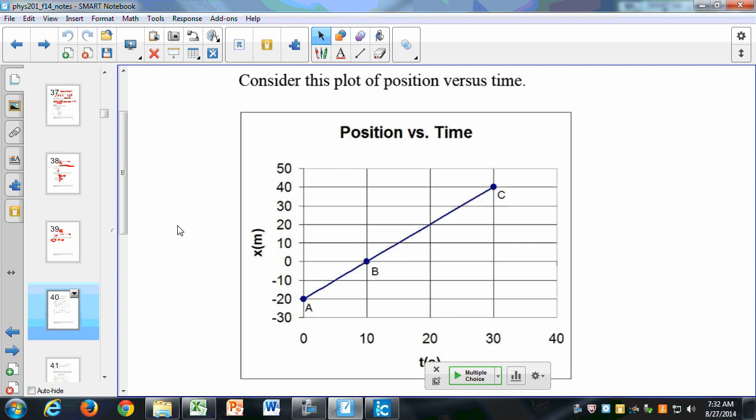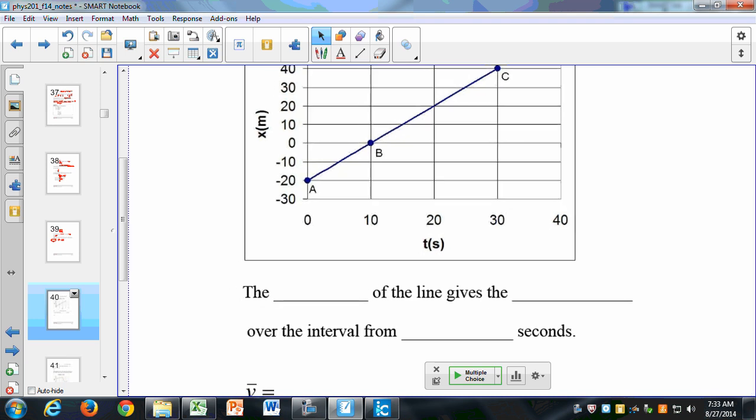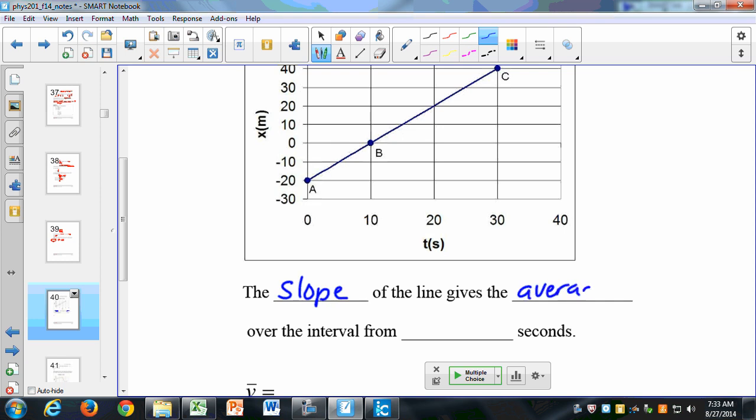So this is just a plot of position. At time 0, my object's at negative 20 meters. At time 10 seconds, it's at 0 meters, and on. So it's position on the y-axis, time on the x-axis. The slope of the line gives the average velocity over the interval from t equals 0 to 30 seconds, which is our full interval for the time.